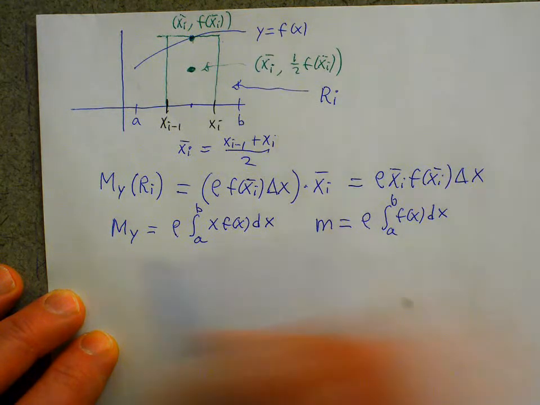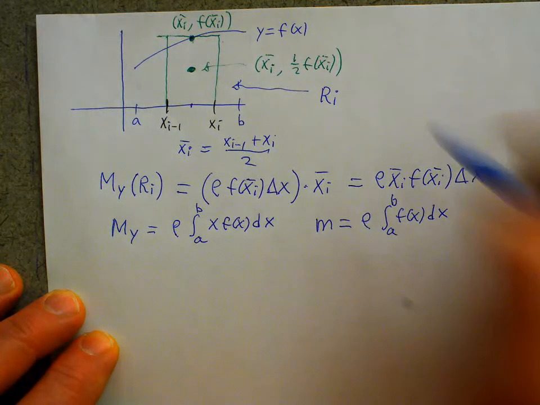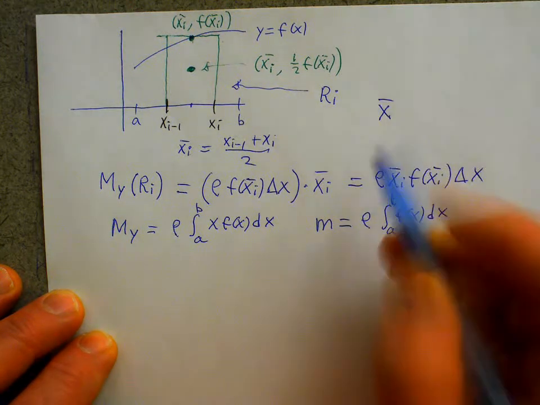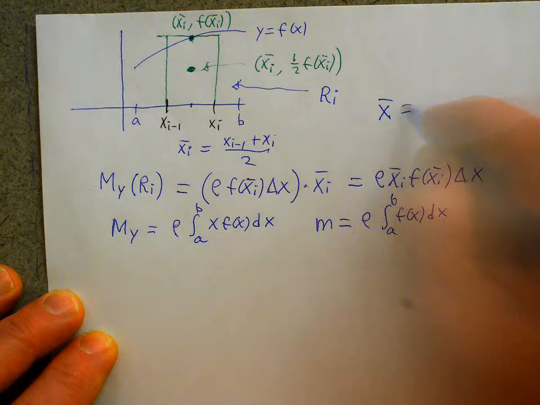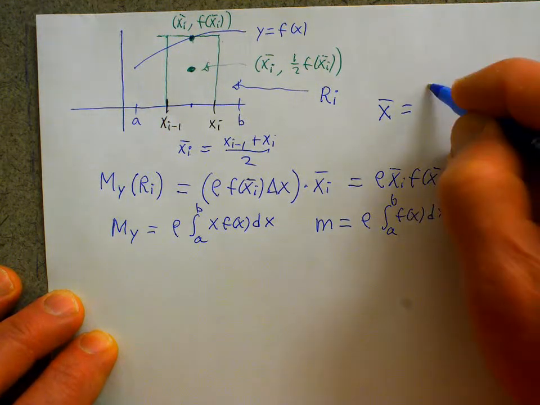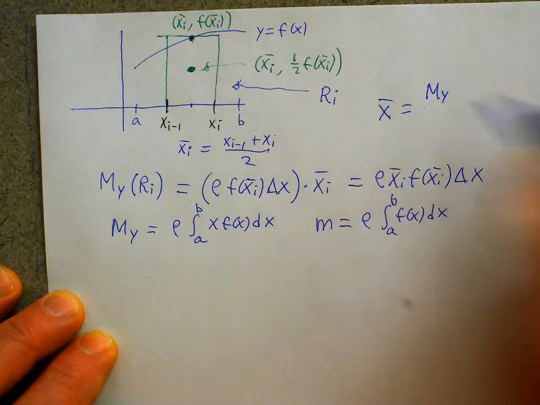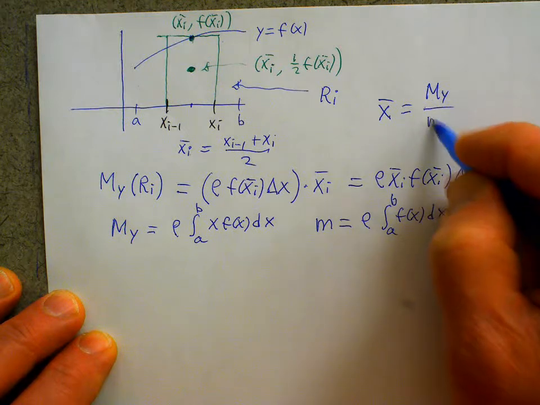And so the x-coordinate of the center of mass, which we call x bar, is equal to the moment of the region about the y-axis divided by the total mass.